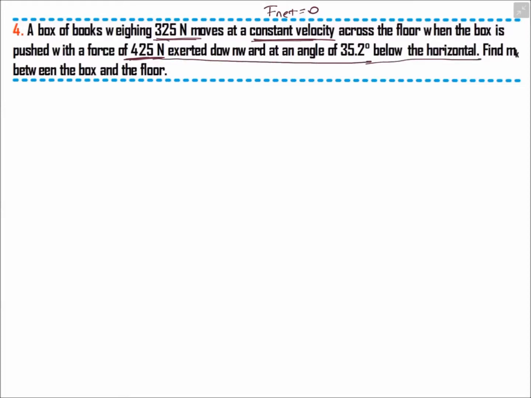Find mu k between the box and the floor. So the question says find the mu k. Firstly, let's draw the box. Then we have to draw the free body diagram.